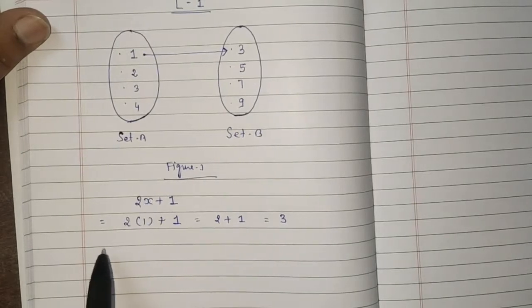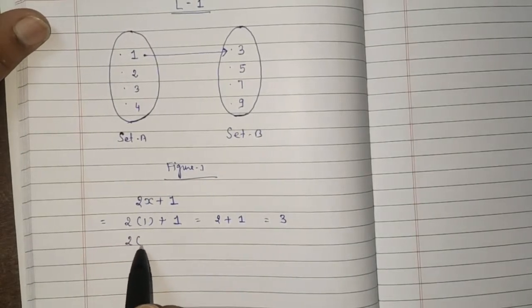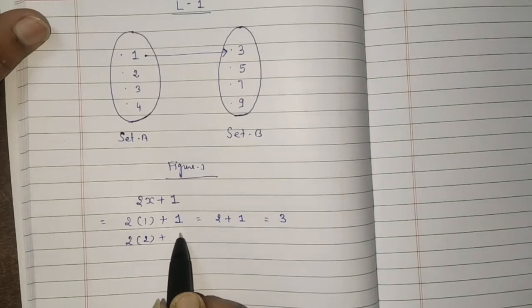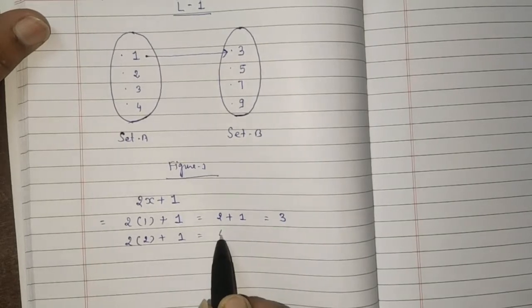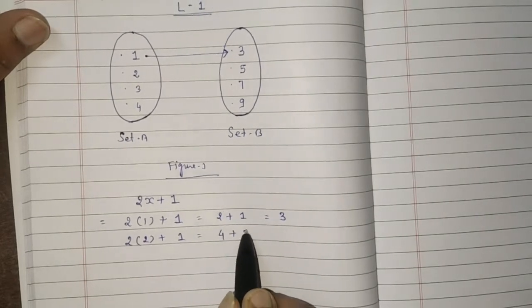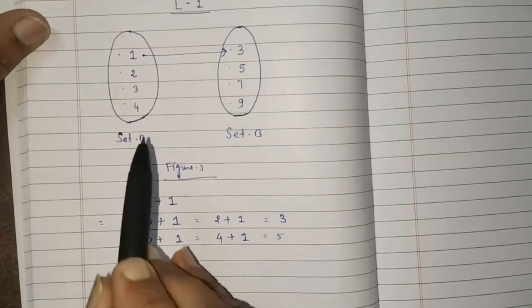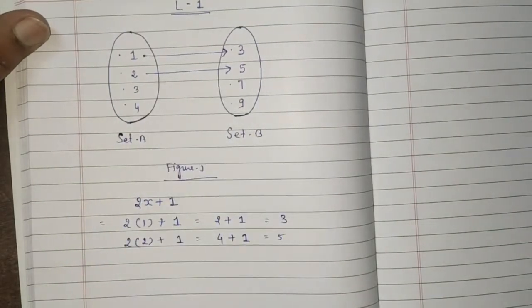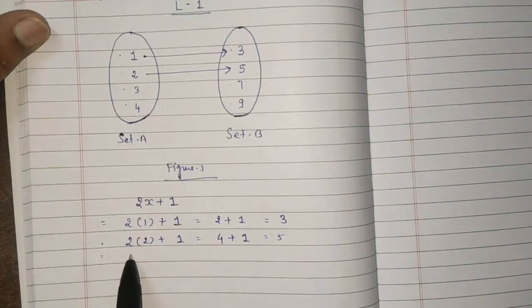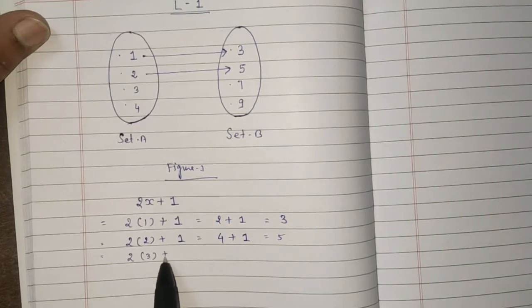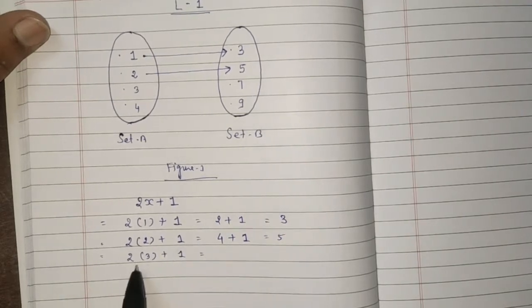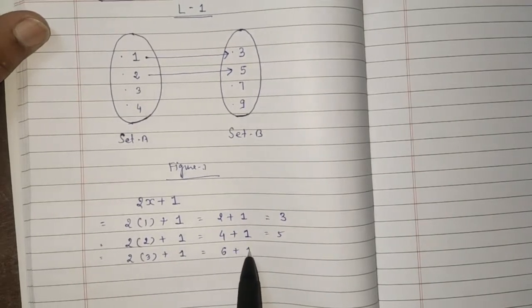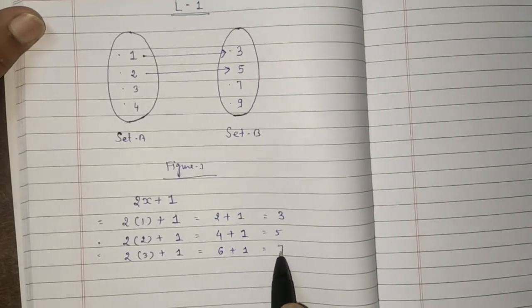Now second, 2 into 2 plus 1, so 2 twos are 4, plus 1 is 5. So 2 is related with 5. The same with 3: 2 into 3 plus 1 is equal to 2 threes are 6, plus 1, and the answer is 7.